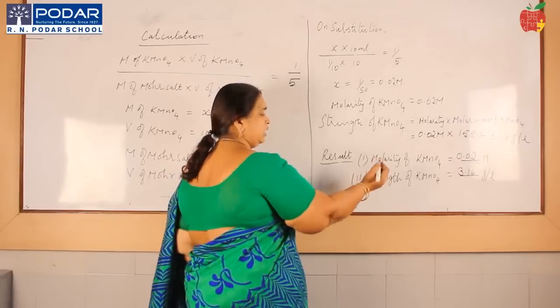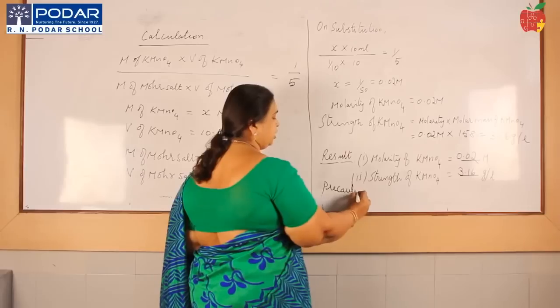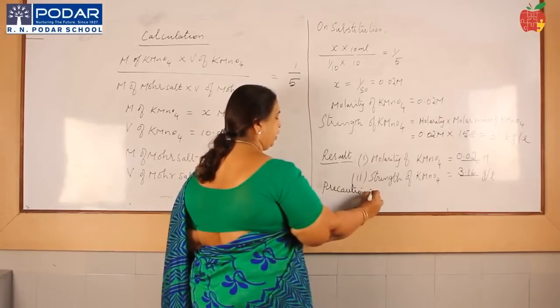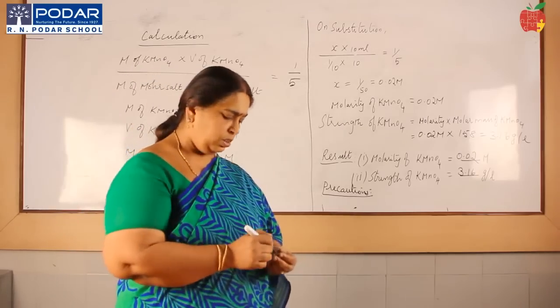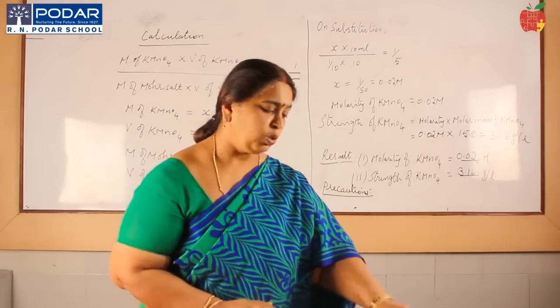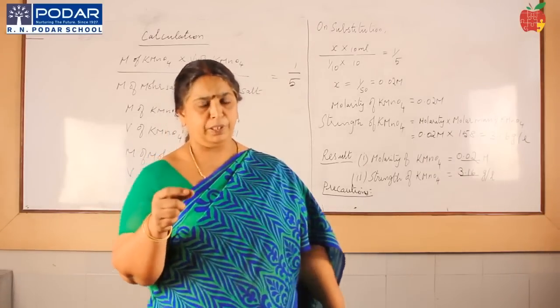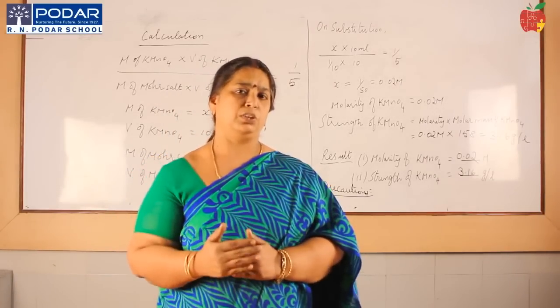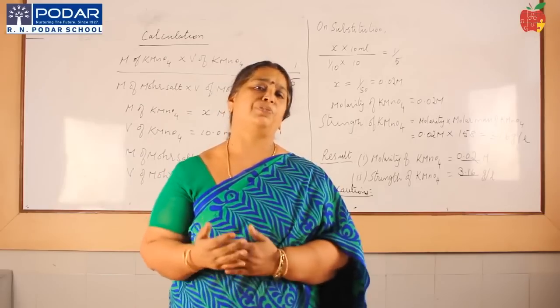So after this result, you will write precautions. What are the precautions that you have to take while performing this experiment? A minimum of 2 precautions is expected. Okay, what are the precautions? You have to wash all the apparatus thoroughly, and the burette and pipette are to be rinsed with the respective solution. For example, the burette should be rinsed with the KMnO4 solution. What is the purpose of rinsing?